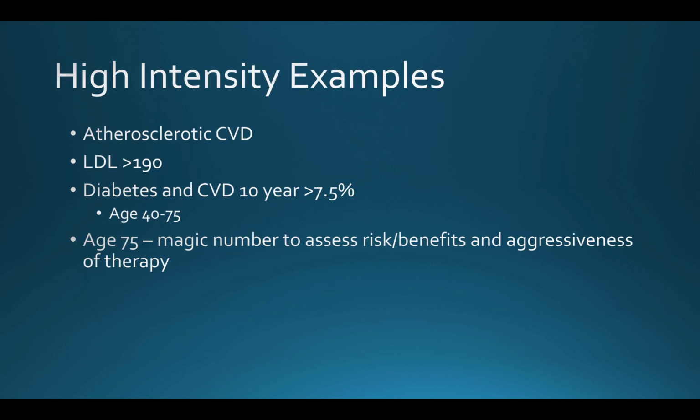So again, I mentioned that intensity. We use low, moderate, and high intensity statins, and I've got a list coming up. These are classic examples that you might see presented in a case.